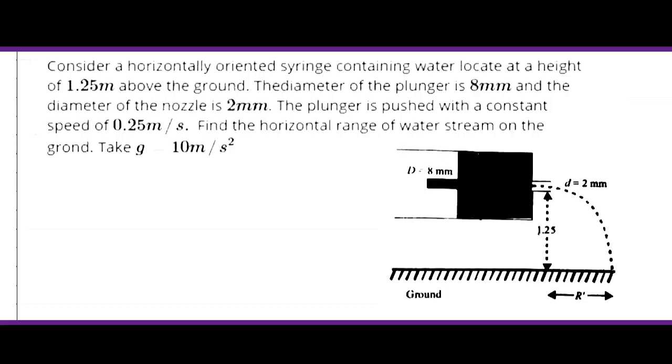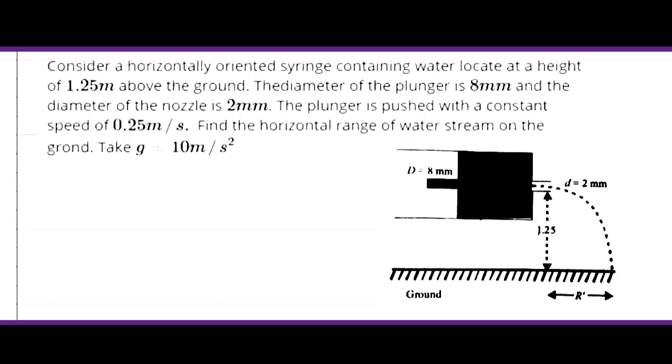So this piston type structure is called the plunger, whose diameter is given to be 8 mm and this opening diameter is given to be 2 mm. The plunger is pushed with a constant speed of 0.25 meter per second. Find the horizontal range of water stream on the ground. Take g equal to 10. So we have to find this range, at what range the water is falling from the nozzle.